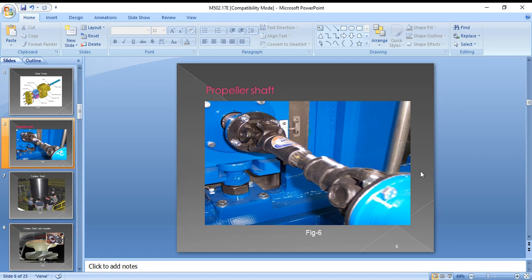Propeller shafts generally have a universal coupling, so there are a number of propeller shafts. These propeller shafts are used to transmit power from the engine to the rear wheels. This is another application of the shaft.